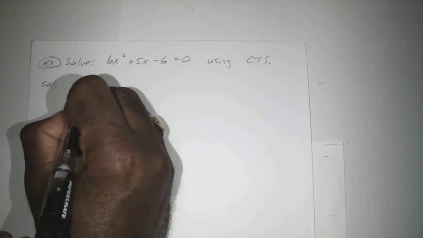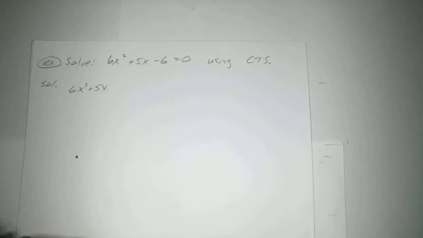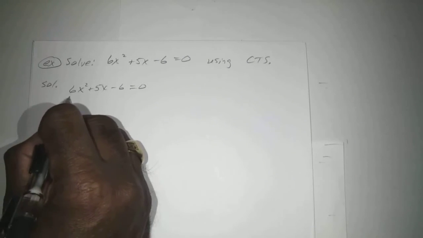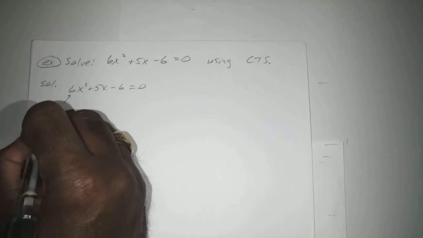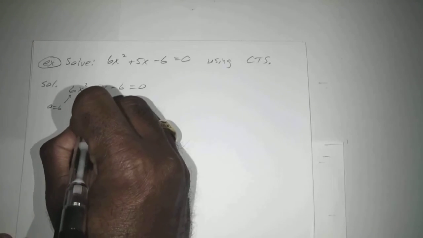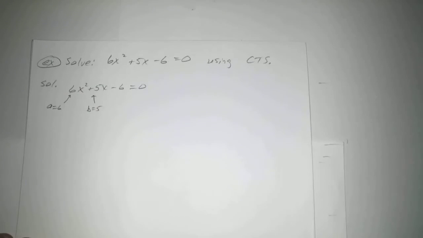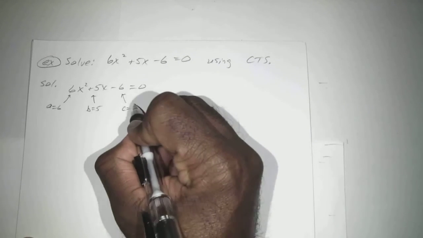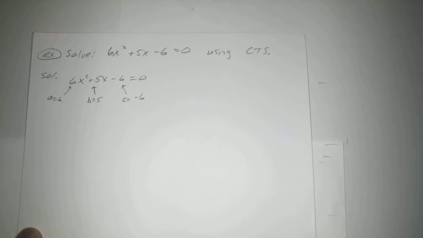Okay, so we know for our 6x squared plus 5x minus 6 equals 0, our A is equal to 6, our B is equal to 5, and our C is equal to negative 6.